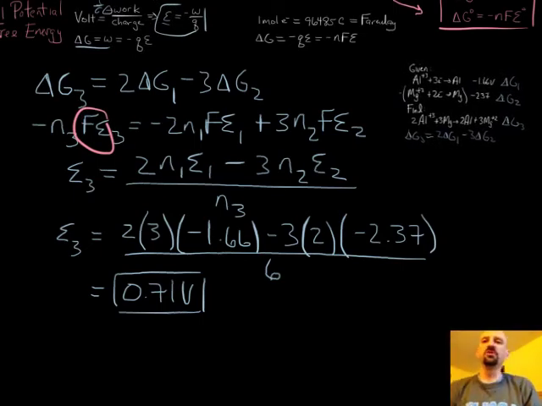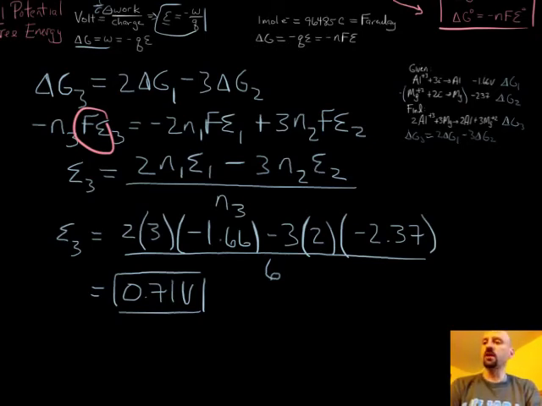So 3 moles of electrons are being transported, so that's why I have that 3 there. And then the cell potential for the first equation off of the chart was negative 1.66. Minus 3 times the moles of electrons in the second equation, which is 2, times the cell potential from the second equation. Again, we get that right off the chart, negative 2.37 volts, all divided by N3.